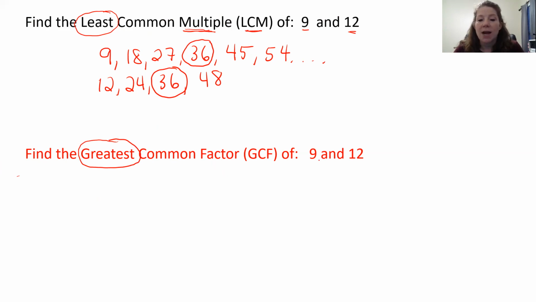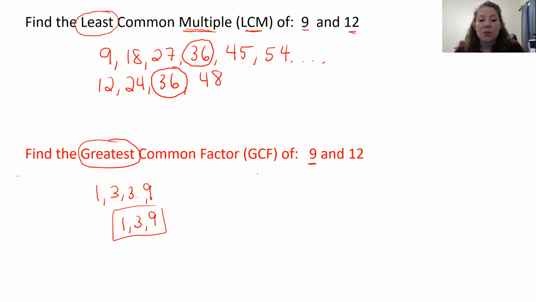So you can do a prime factor tree if you want to, but basically I just start with each of the numbers and I think, okay, what are factors of 9? 1 times 9 is 9. Does 2 times something equal 9? Nope, but 3 times 3 equals 9. And I've just written all the factors of 9, 1, 3, and 9. I don't have to write 3 twice.